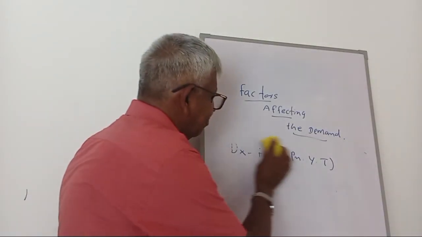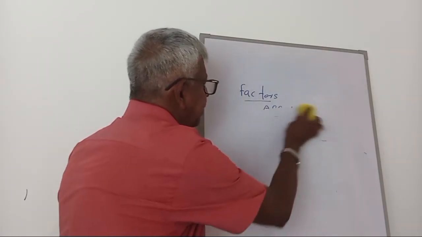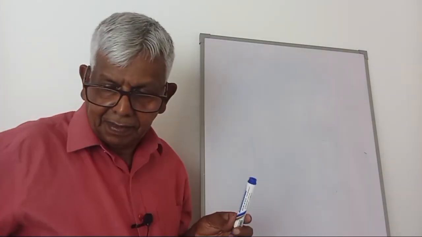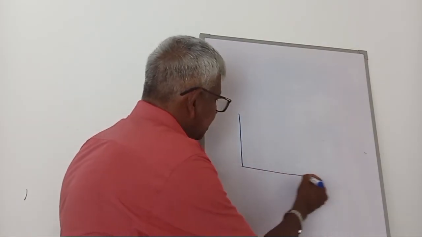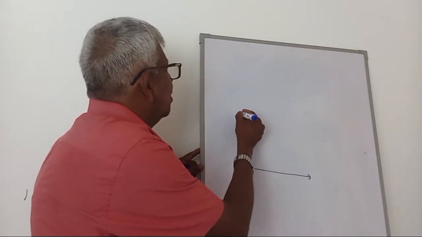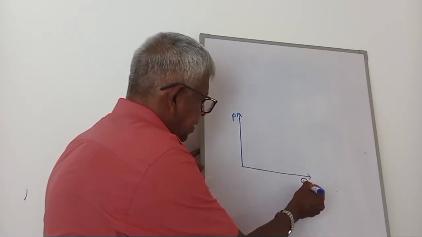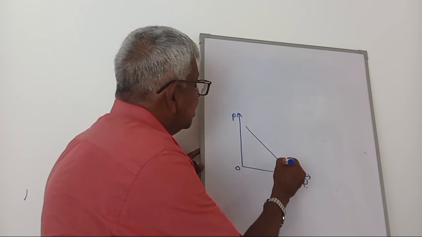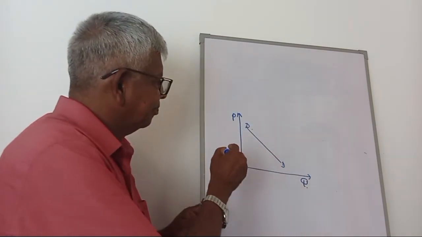So we know that the demand curve slope is negative. Here, with price and quantity, we can draw the demand curve.